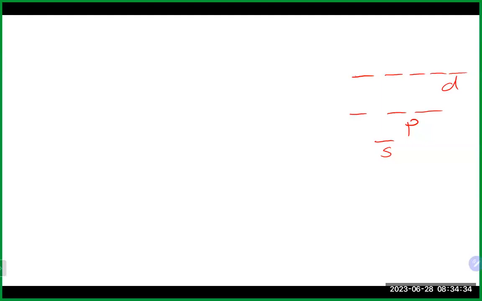We looked at a couple here: beryllium chloride, boron chloride, CH4. The easiest way to identify the hybridization is to count the number of electron pairs around the central atom.